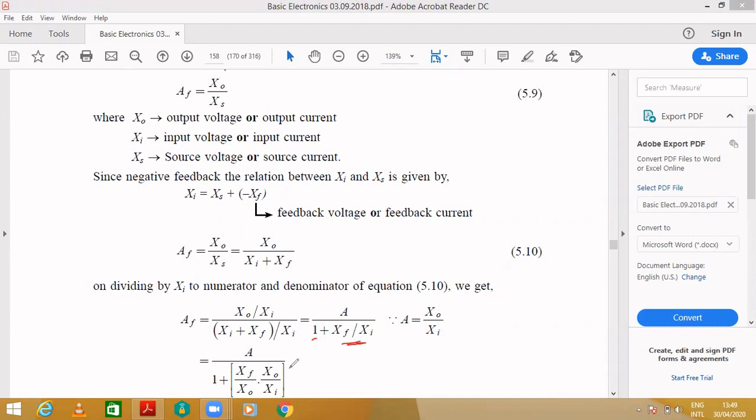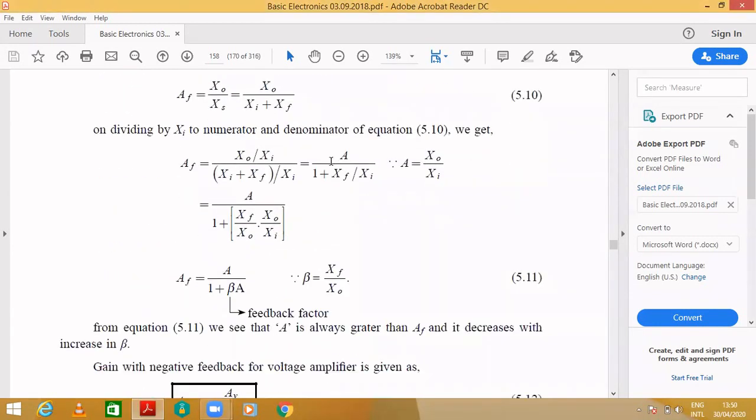Again I will multiply and divide by x0 in order to derive the gain. In this form, x0 by xi is nothing but A, and xf by x0 is nothing but beta. So you can replace it and it will become A by 1 plus A beta.